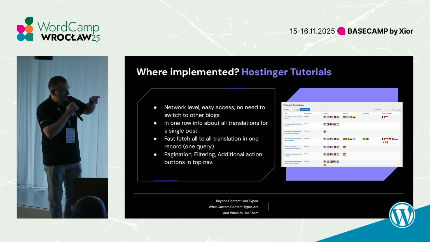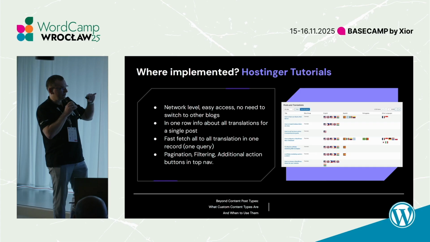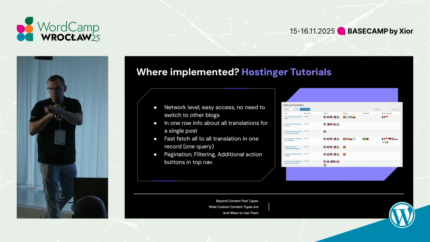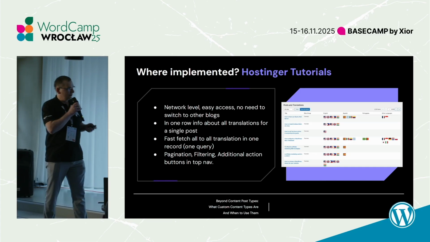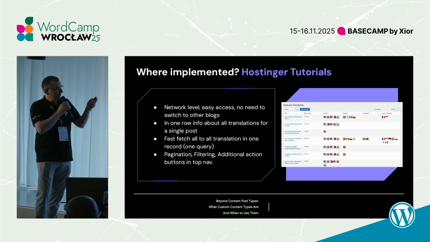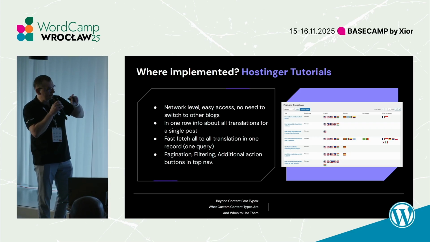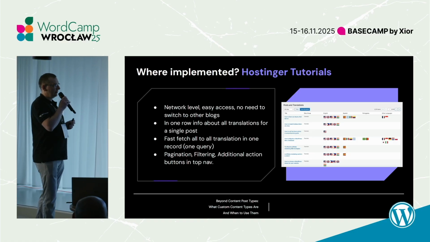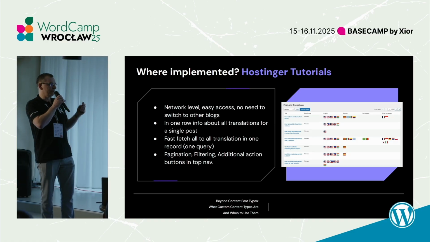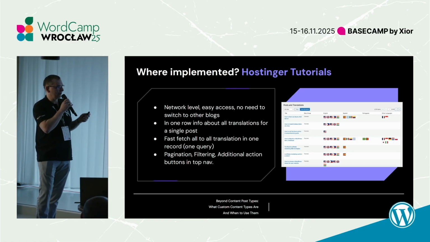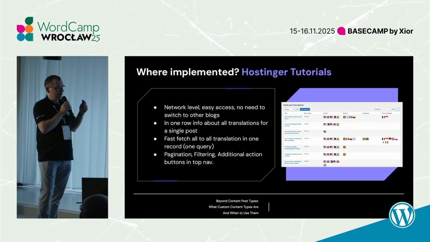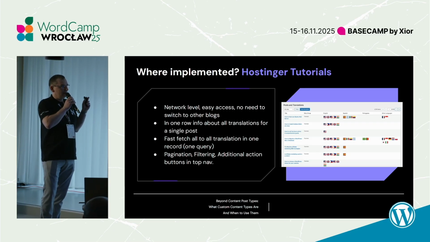In that record, I have all the relations to each other language version. The first post is the name in English, and all those flags you can see are links to the other language versions. Some have more translations, some have fewer, but it's kept in one single row.